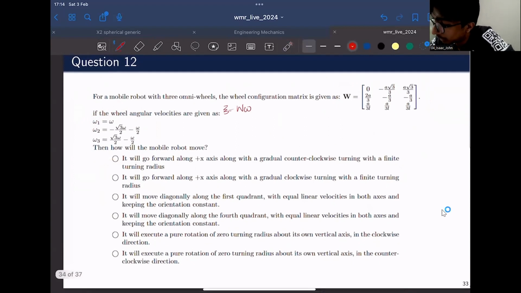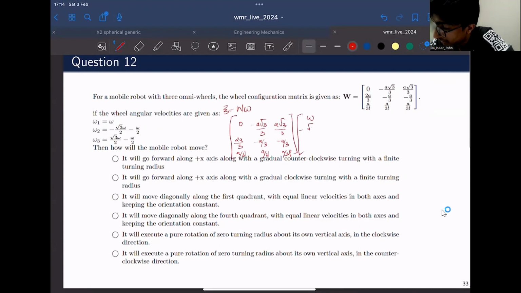We'll simply multiply it out, right? 0, minus a root 3 by 3, a root 3 by 3, then 2a by 3, minus a by 3, minus a by 3, a by 3l, a by 3l, a by 3l. If you multiply this with this omega vector, this is omega.